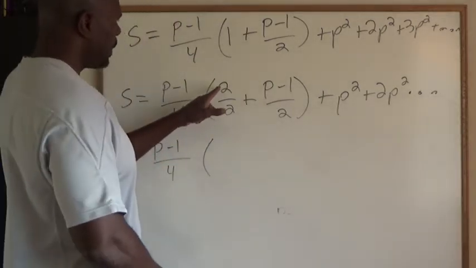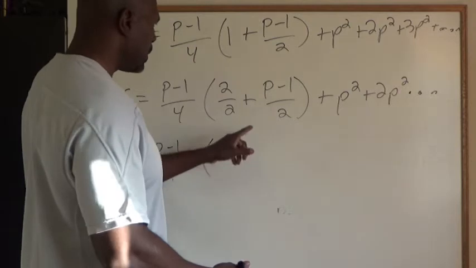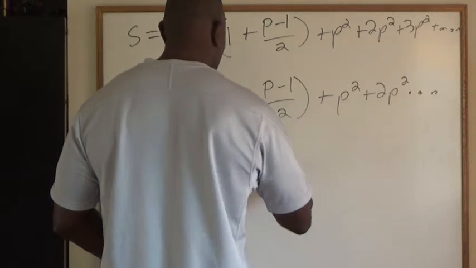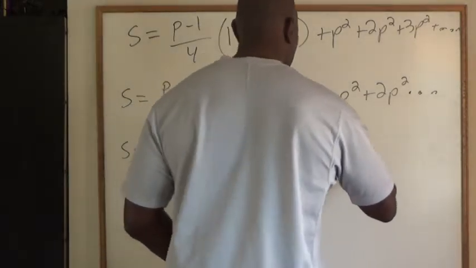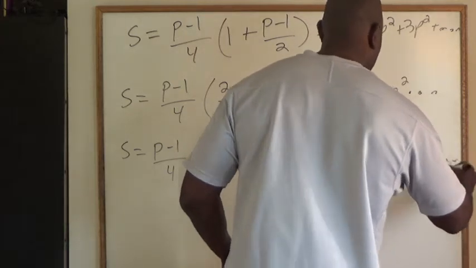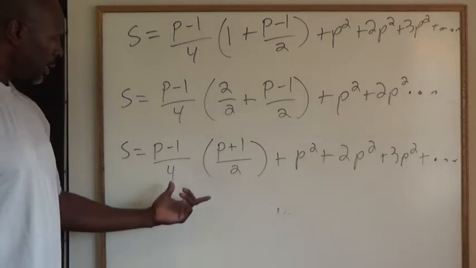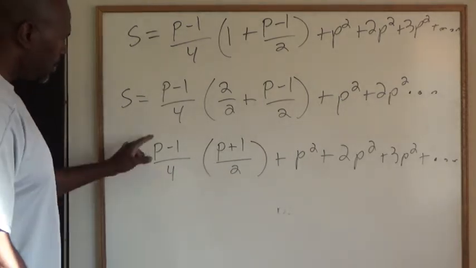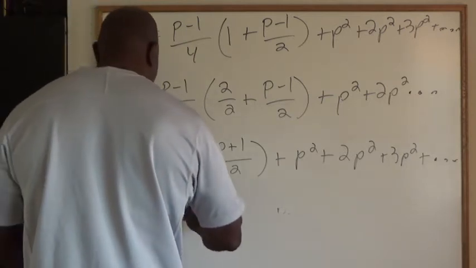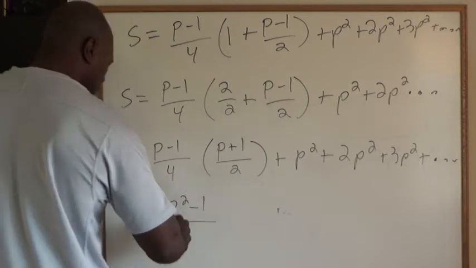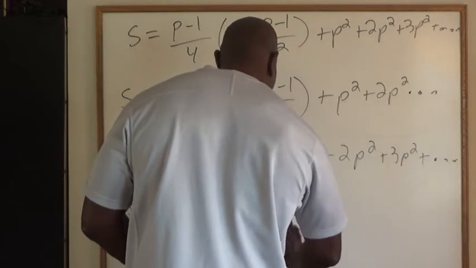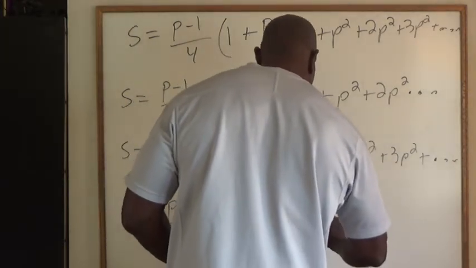So 2 plus -1 is +1, so that would be (p plus 1)/2, plus p squared plus 2p squared plus 3p squared, etc. Now we can just multiply this straight across. p minus 1 times p plus 1 is p squared minus 1. 4 times 2 is 8, plus p squared plus 2p squared, etc.